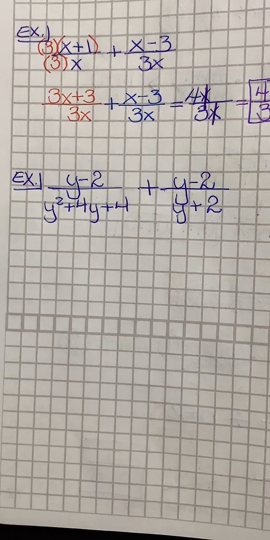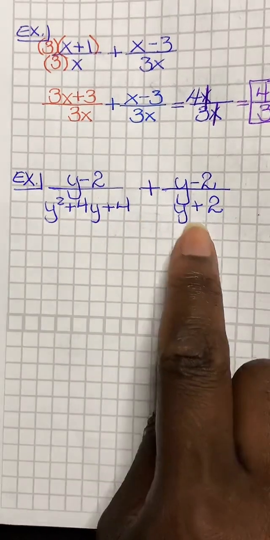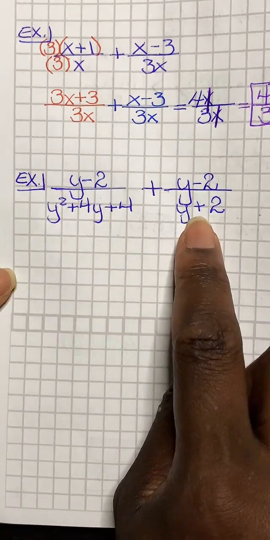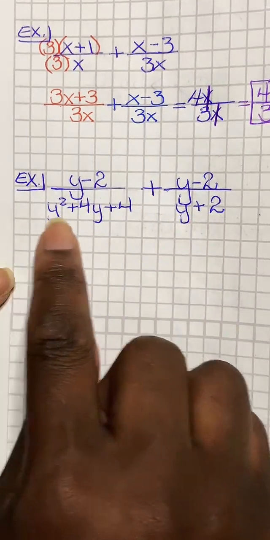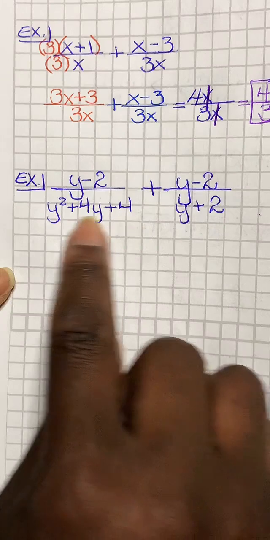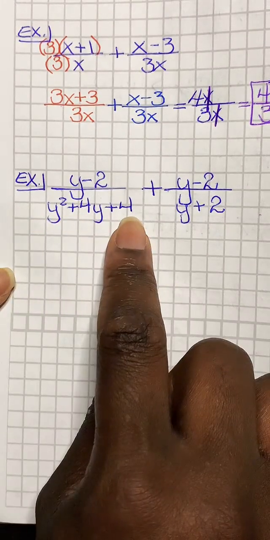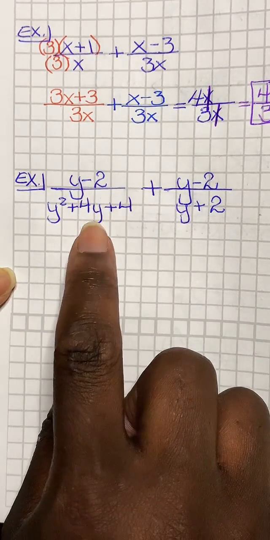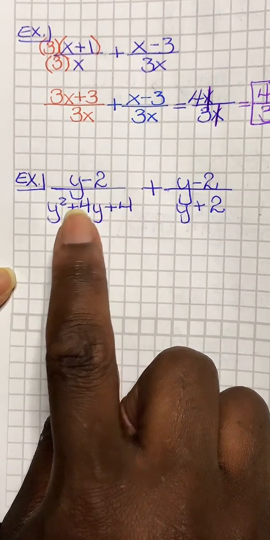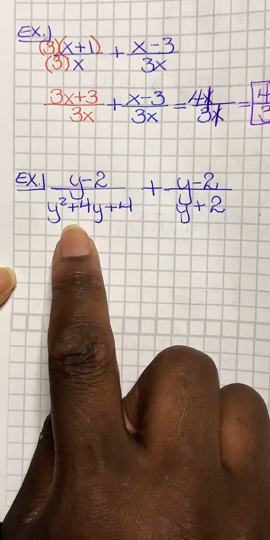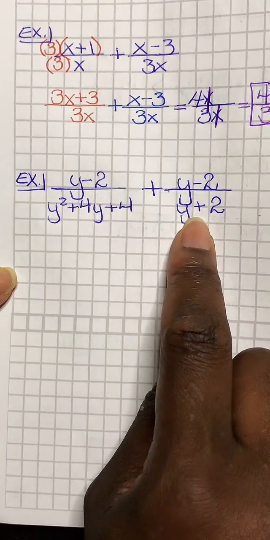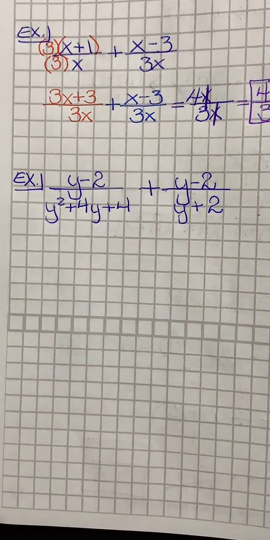Okay. Step by step. First thing, we always look at the denominator. I notice over here we have y plus 2, but over here we have a polynomial, a trinomial in fact. So we're going to need to factor this denominator to figure out what is missing so we can have a common denominator.